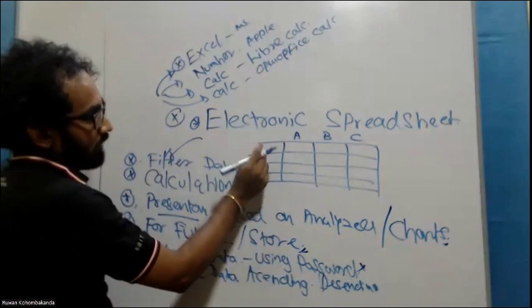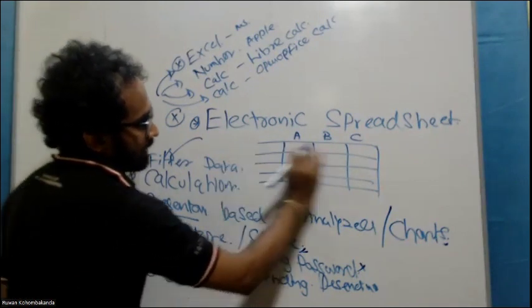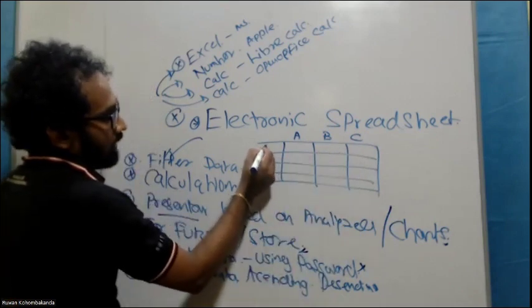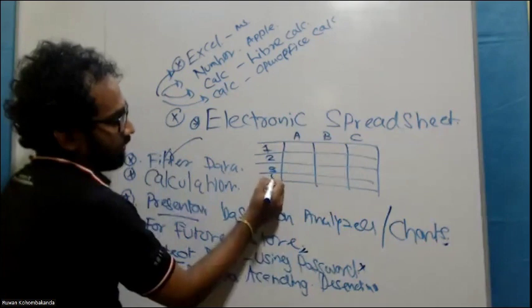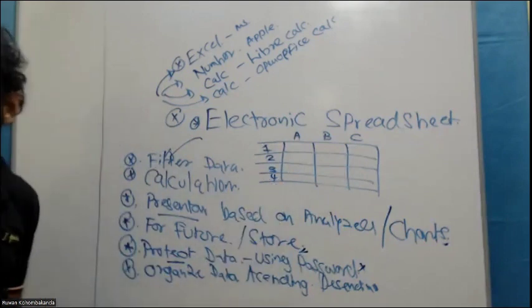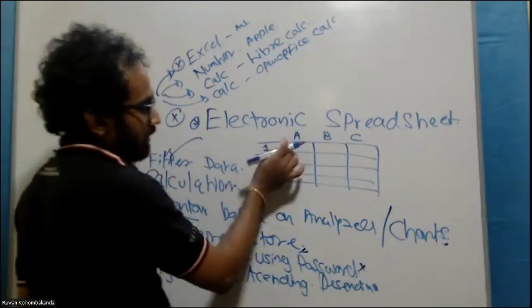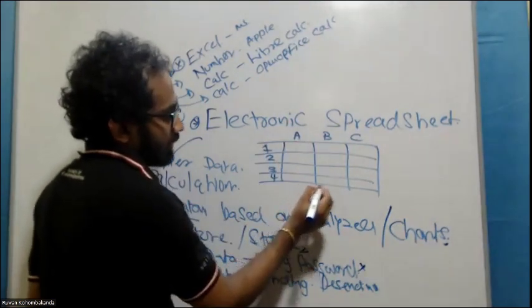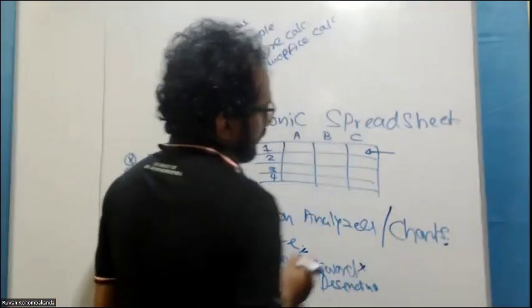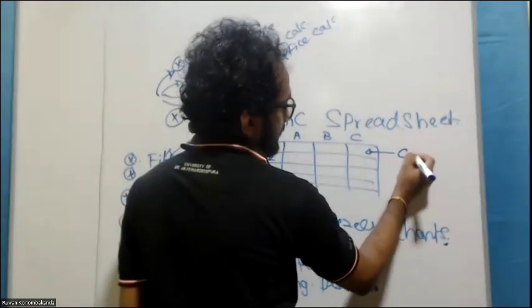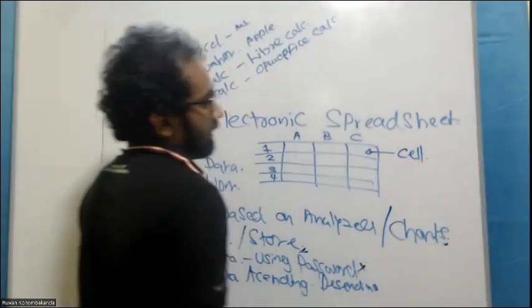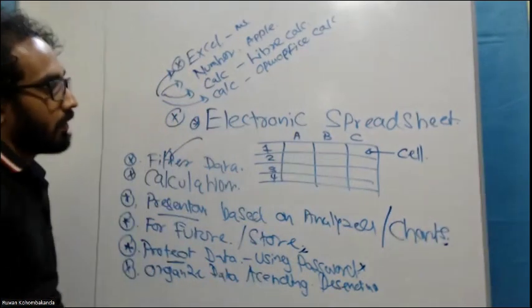Also there are rows, with names starting from 1, 2, 3, 4, and so on. The intersection of a row and column has a special name, called a cell. Can you remember? Cell.